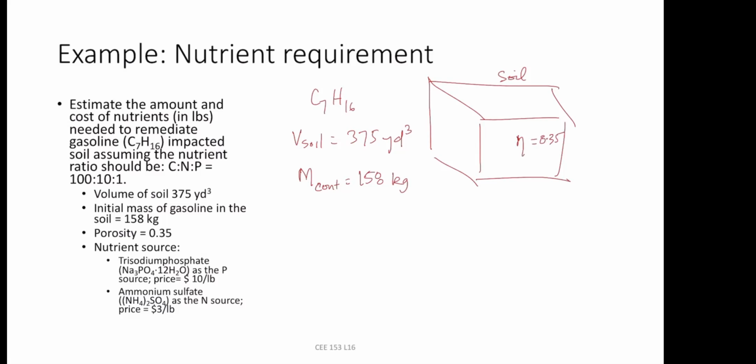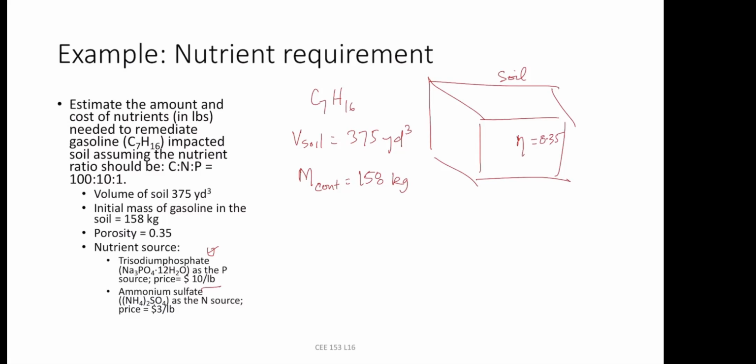That's where your water or the air is. The nutrient source is given, meaning it tells you how much phosphorus there is. The nitrogen source is ammonium sulfate. The phosphorus source is trisodium phosphate. And it also gives you the cost per pound. Okay, so that way you can calculate.